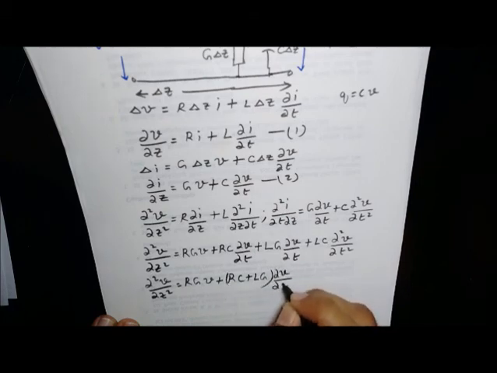which can be written in a more elegant form. I can combine these two because you have ∂V/∂t appearing in two different ways: RGV plus (RC plus LG) ∂V/∂t plus LC ∂²V/∂t².